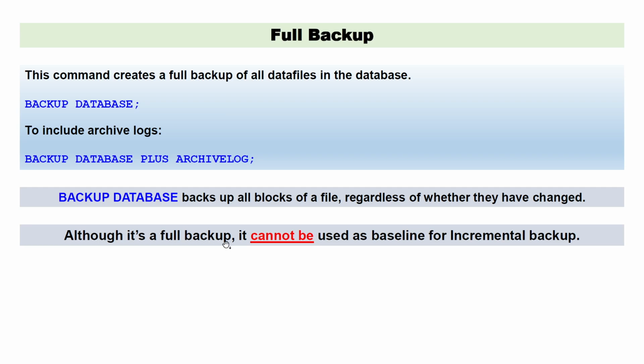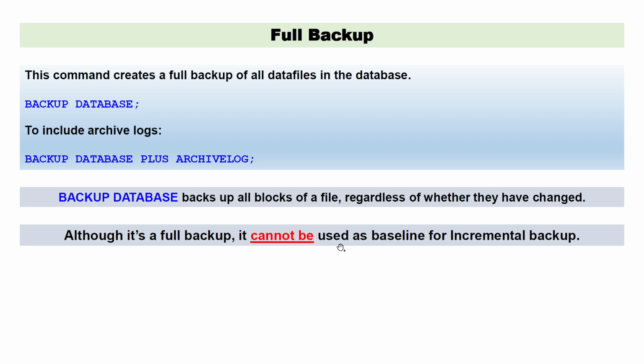Now, although it's a full backup, it cannot be used as a baseline for incremental backup. This is very important. So if you take the backup of the database and then try to take the level 1 backup, it will say that you don't have a level 0 backup, and it will actually initiate a level 0 backup.